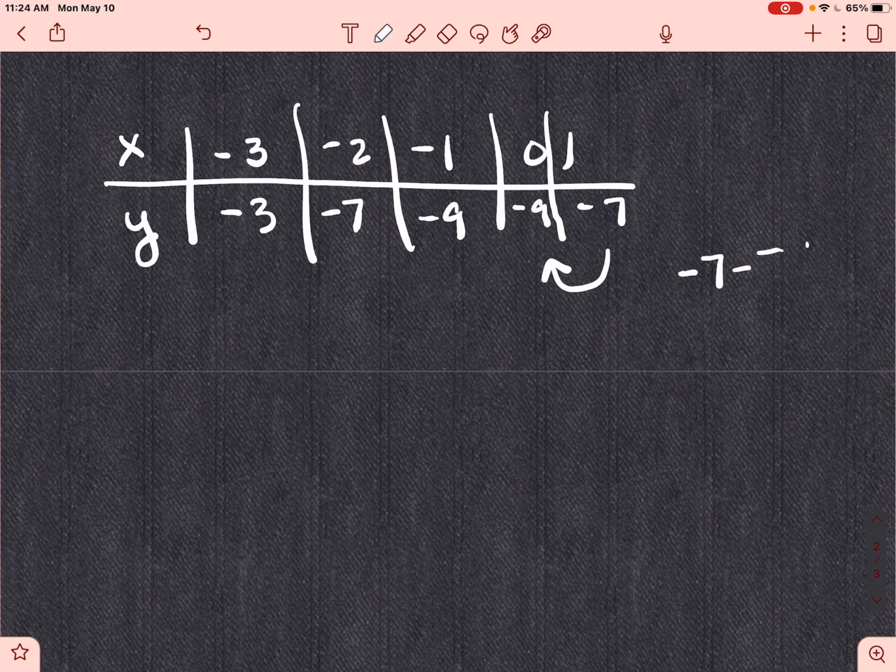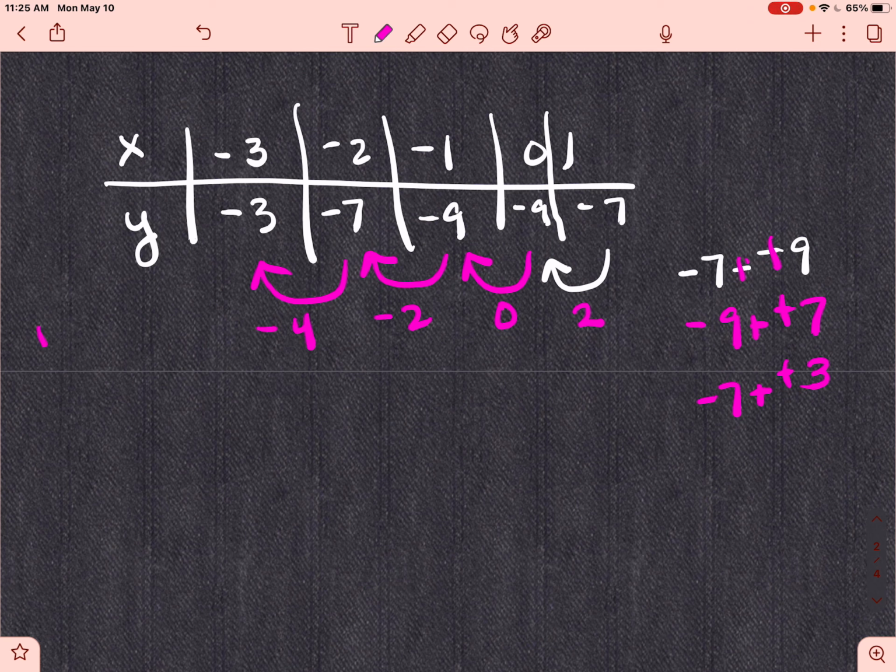-7 minus -9. Be very careful with these negatives. Gives me +2, right? -9 minus -9 is actually 0. -9 minus -7 is going to give me a -2, and -7 minus a -3 is going to give me a -4.